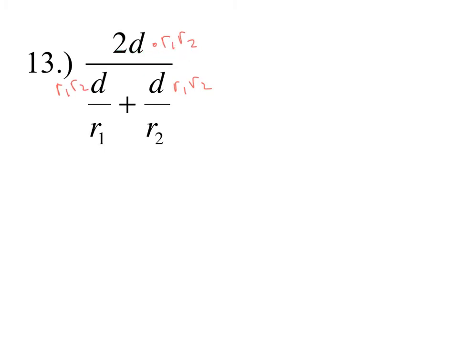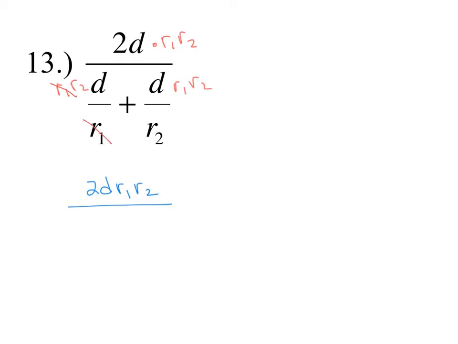So in the top fraction, nothing will simplify. So you'll have 2d times r1 times r2 divided by, and in the lower left fraction here, we have r sub 1 and then we have an r sub 1, so that's our common factor that will be simplified.